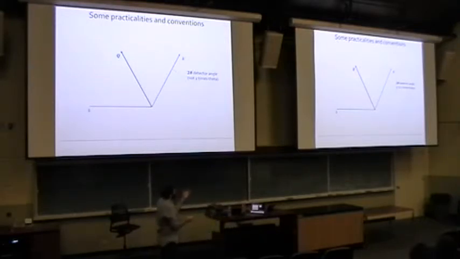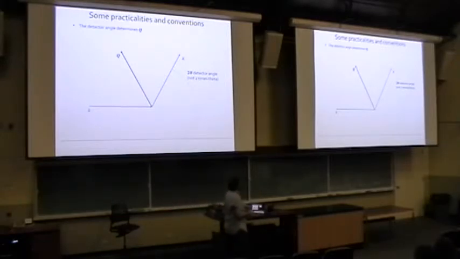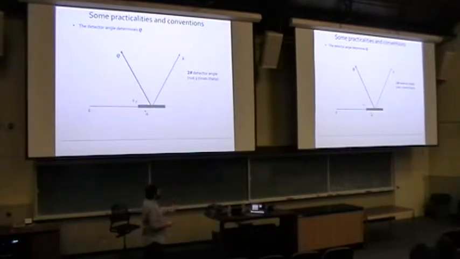And in case you don't know some jargon about X-ray scattering experiments, the detector angle in relation to the incoming beam is called the 2 theta angle, which is not 2 times theta, it's just called 2 theta. And that detector angle is going to determine your Q.